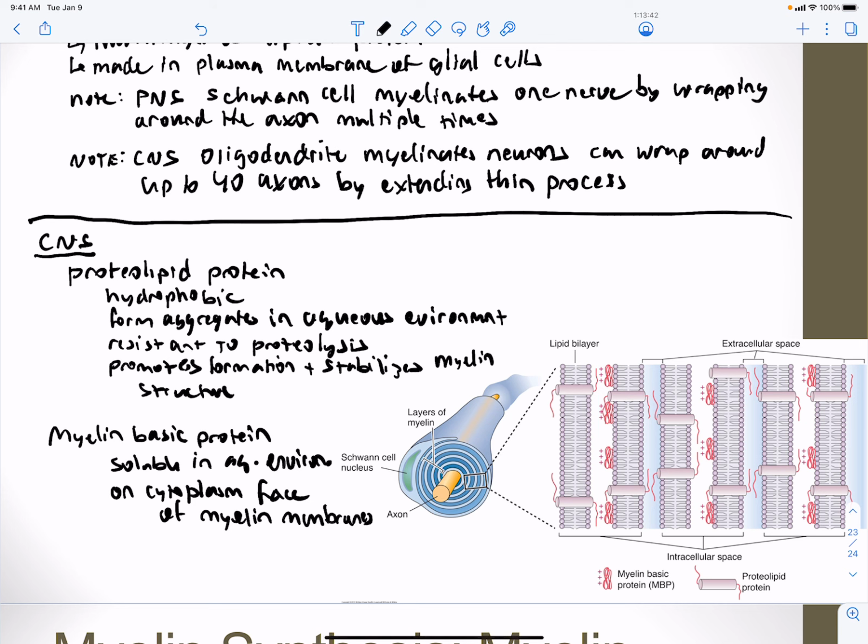And it is known that antibodies that target myelin basic protein elicit experimental allergic encephalomyelitis.